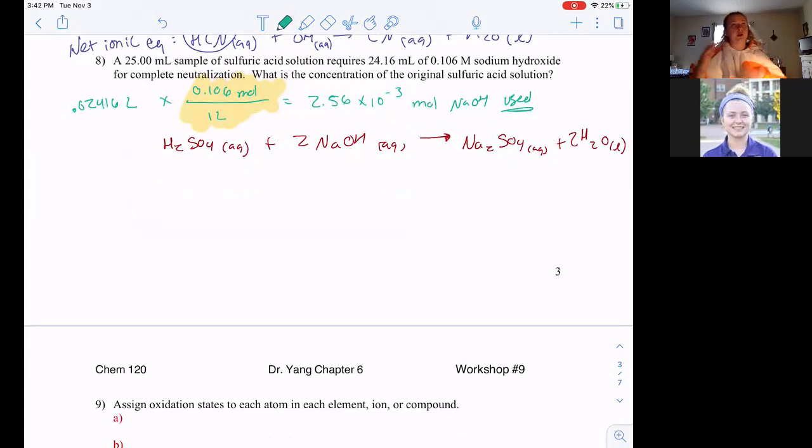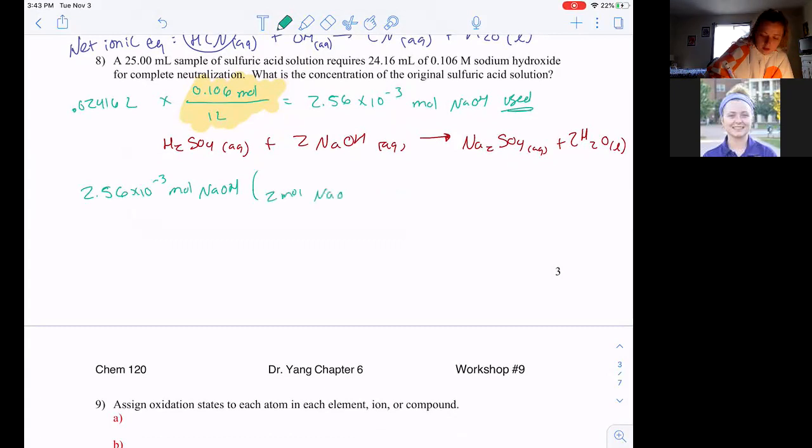Then from there, because we know the stoichiometry, we can convert to our acid. So it's 2.56 times 10 to the negative third moles of NaOH, and 2 moles of NaOH for every 1 mole of H2SO4, and that's 0.00128 moles of H2SO4.